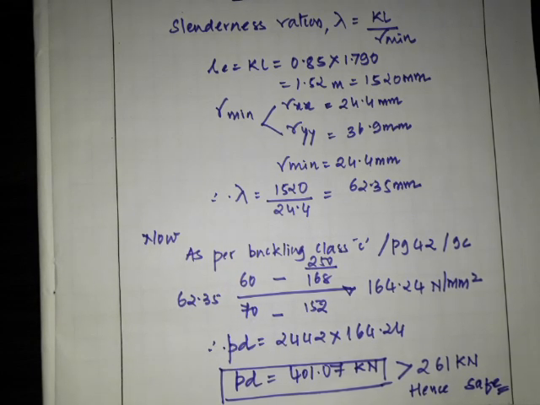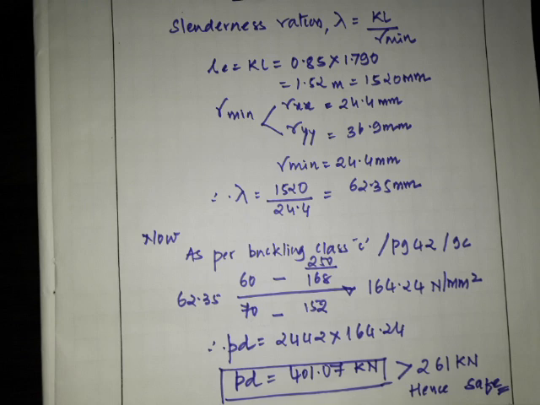As I told you, we have to find out the maximum force, whether it is tension or compression. In this case the maximum force was tension. So we selected the area with respect to the design of tension criteria as per the code.